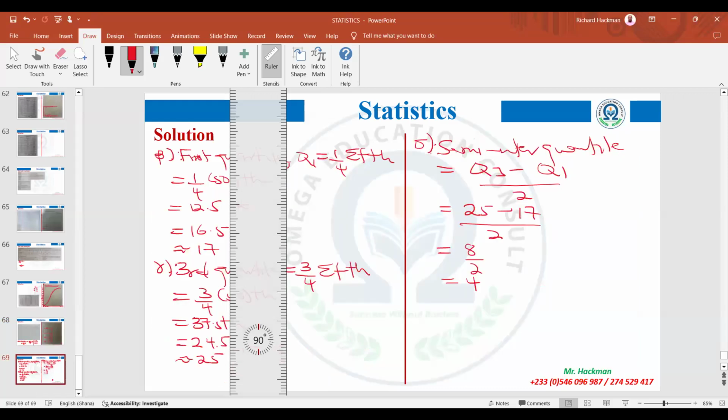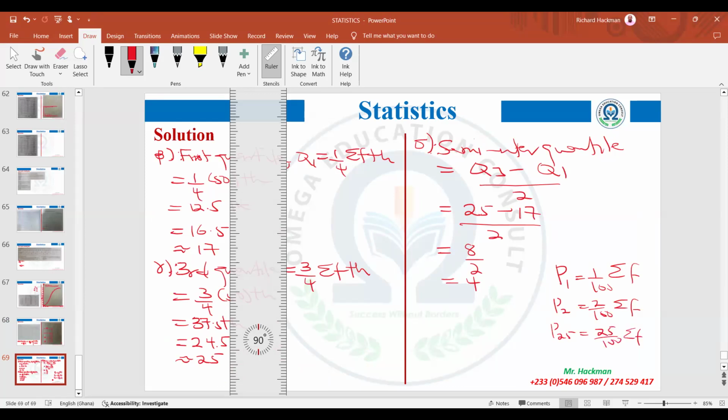Percentiles are represented by P. So the first percentile will be P sub 1, and percent is over 100, so it's 1/100 of the summation of F. The second percentile will be P sub 2, equal to 2/100, which you can reduce, of sigma F. The 25th percentile will be P sub 25, equal to 25/100 of sigma F.